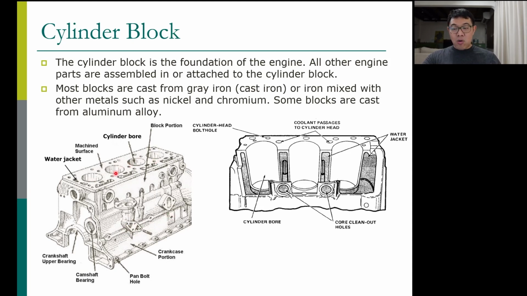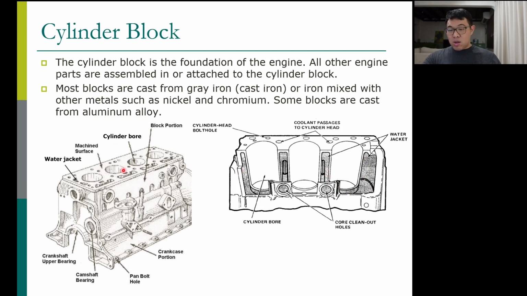Now inside this block, around the cylinder, is not a solid block. Around these cylinders we also have the water jacket. Remember, most of the engines are liquid cooled, so the liquid or water has to go around the cylinders to remove heat.